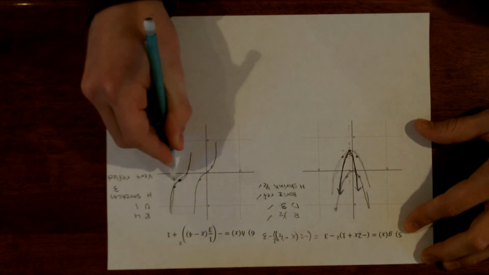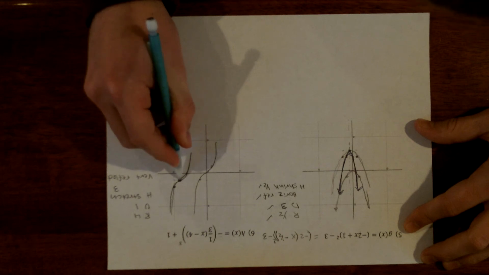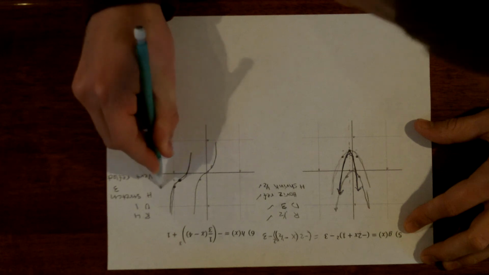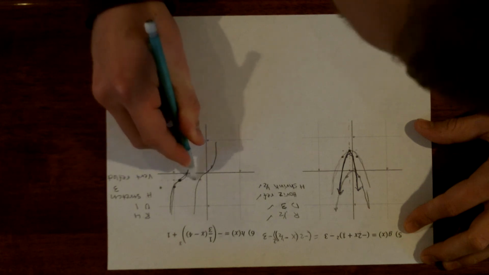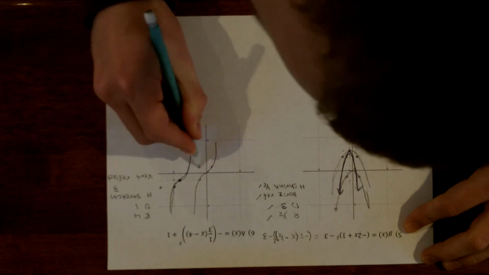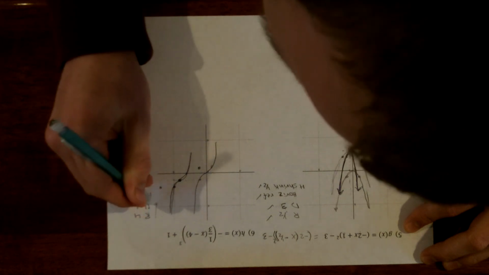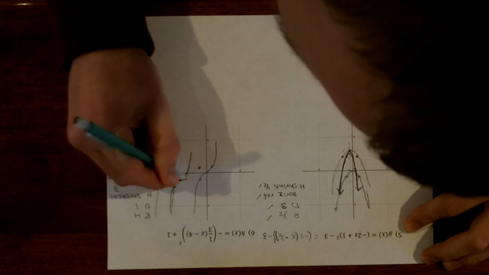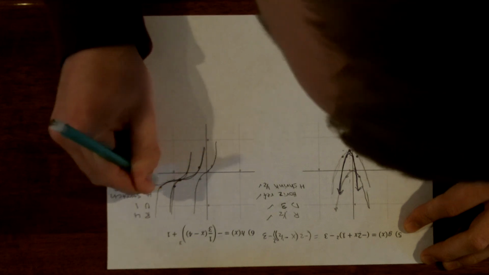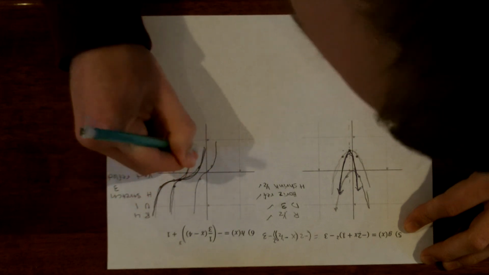Now if you want to horizontally stretch it by 3, instead of going over 1, up 1, you're going to go over 3 times that. Over 1, 2, 3, up 1. Over 1, 2, 3, down 1. So now your graph looks like this. It's very elongated, stretched out a lot.